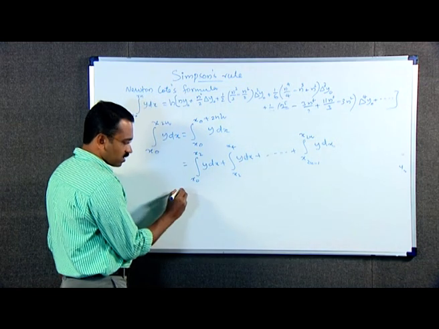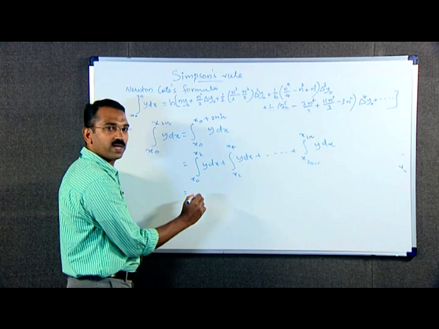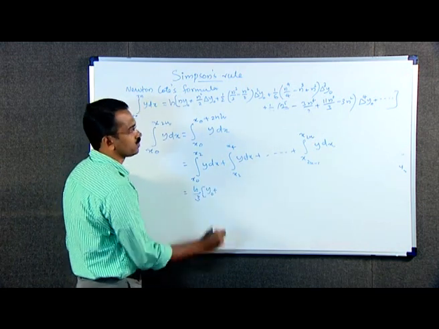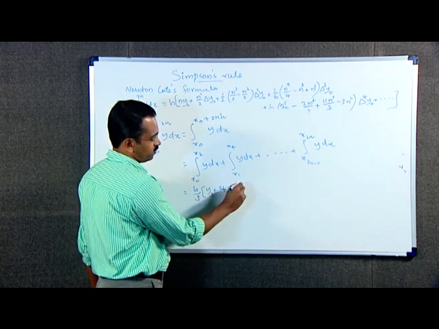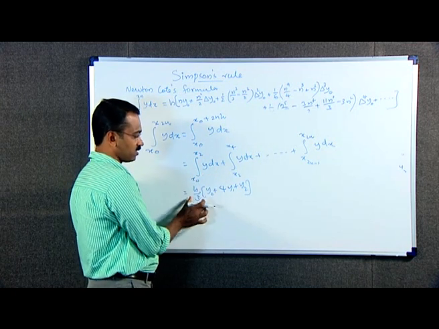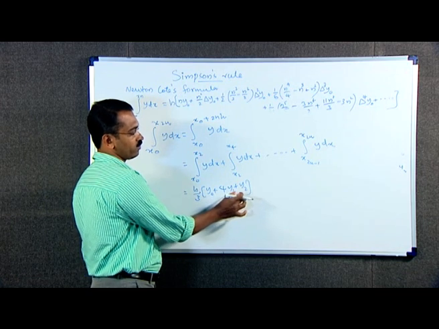The value of this integral is h by 3 into (y0 plus 4 y1 plus y2). We just derived the value of this integral as h by 3 into (y0 plus 4 times y1 plus y2).